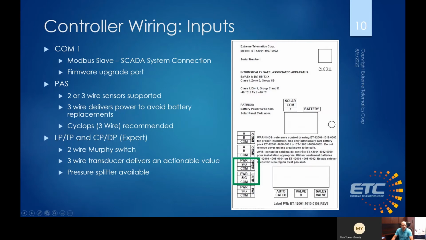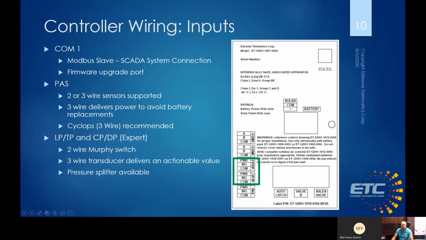If you use a 3-wire pressure transducer, and we provide these from a partner, GEMS, and these are intrinsically safe or class 1 zone 0, class 1 div 1 pressure transmitters that will allow you to actually get a value into the controller, and then you can act on it. So you can see what the casing pressure is, or you can do casing minus line pressure. You can look at the performance of casing over time to shut it.